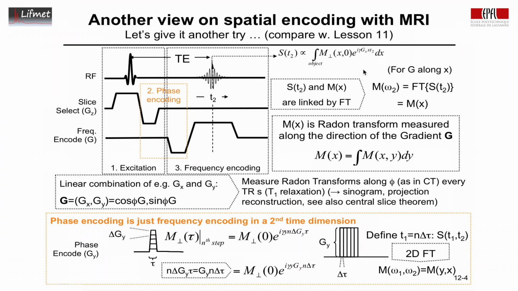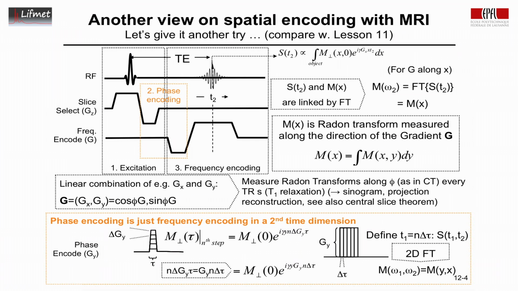So we have a two-dimensional time signal. We can view it that way. It's not standardly done in MRI, but if it helps you, this is another way to look at it. Two-dimensional Fourier transform gives us two frequencies, a two-dimensional object, and these frequencies through the Larmor equation are linked to position with the gradient condition.